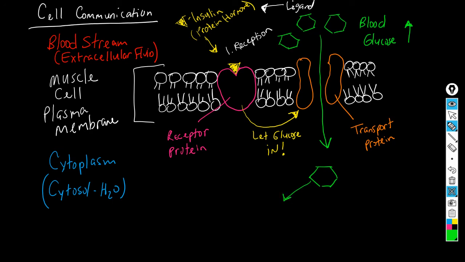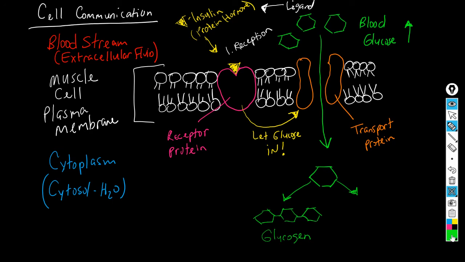And so once inside the cell, there are a couple different pathways that glucose can take. If the cell is currently meeting its energy requirements and doesn't need to break that glucose down through glycolysis so that the process of aerobic respiration can occur, then that energy is stored in the form of a storage polysaccharide in animals called glycogen.